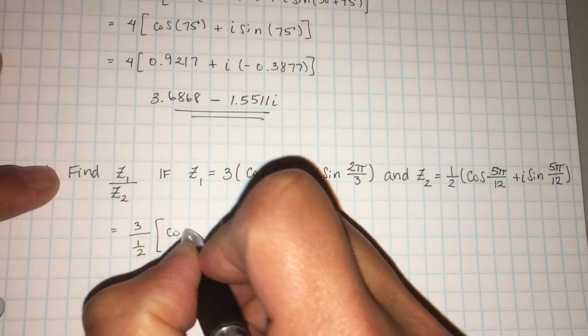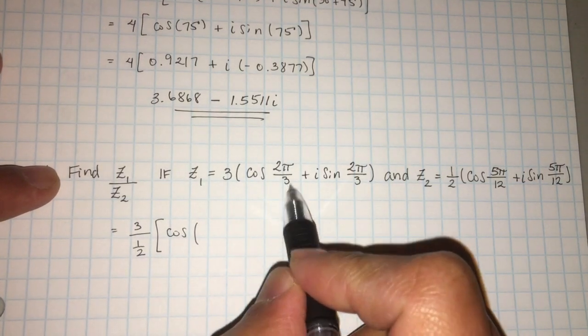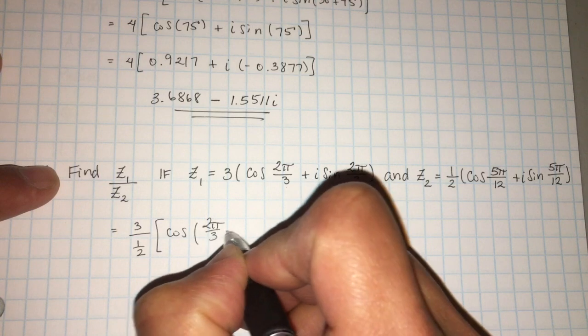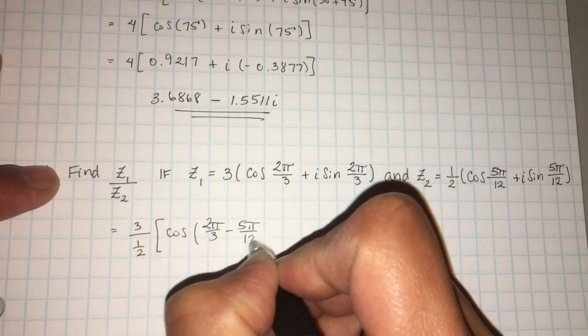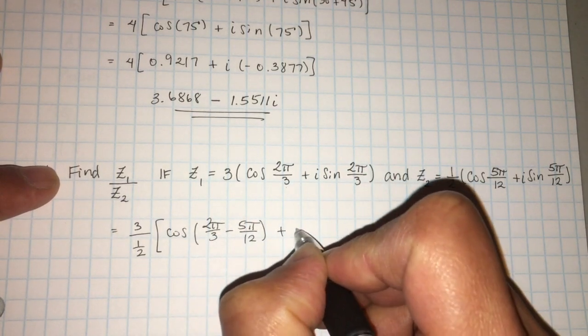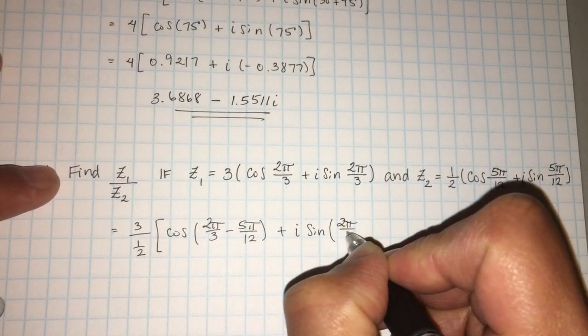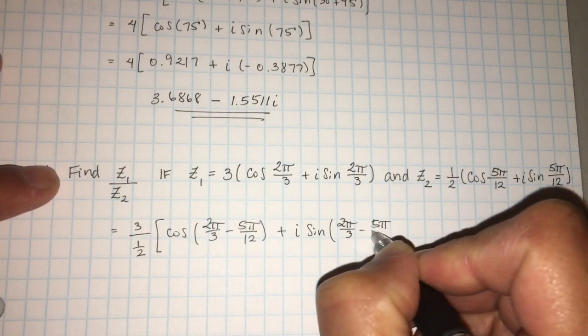So we're going to have cosine of 2 pi over 3 minus 5 pi over 12, plus i sine of 2 pi over 3 minus 5 pi over 12.